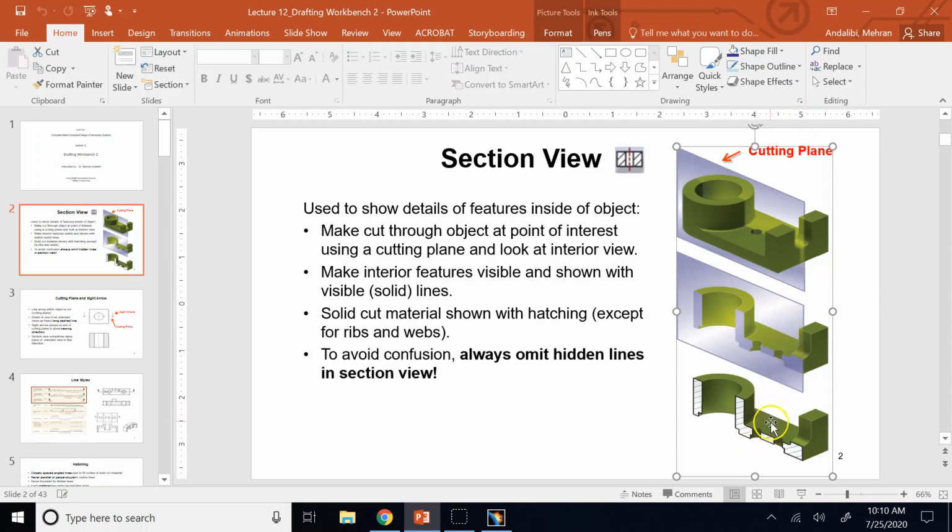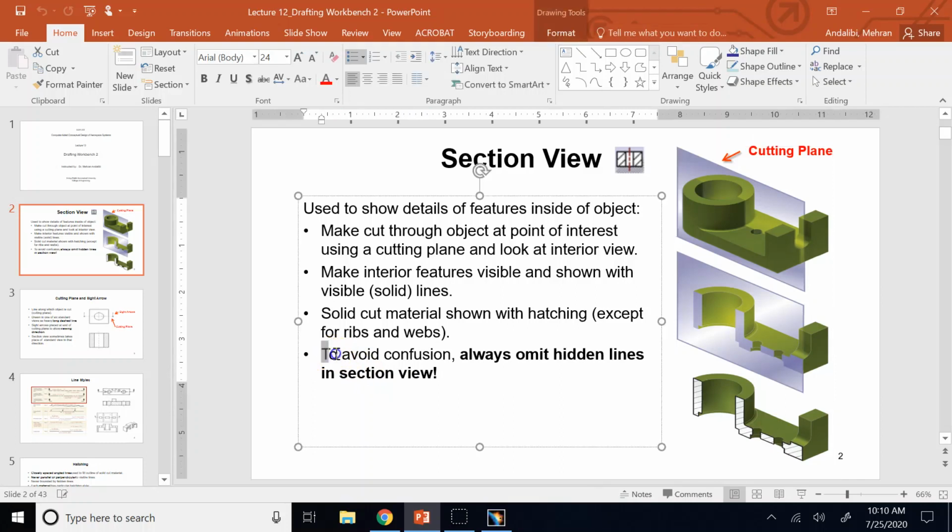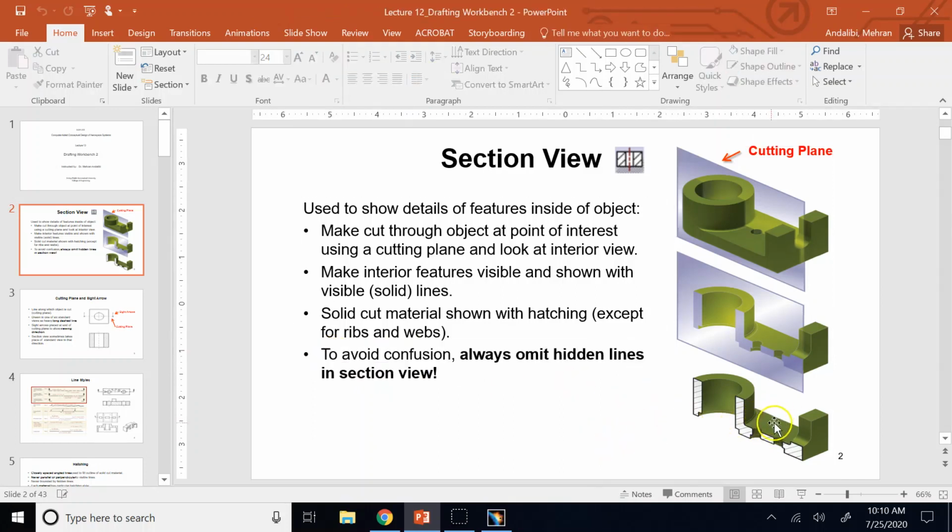So what should I do? Should I show it as hidden lines in the section view? No. So that's another important rule. To avoid confusions, if there is any hidden feature behind the cutting plane, we are not gonna show it.